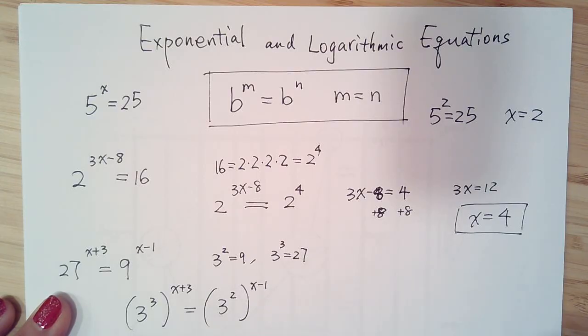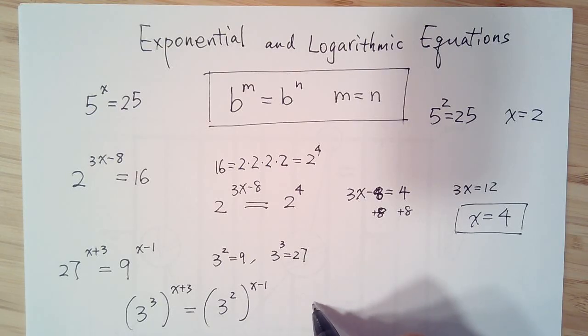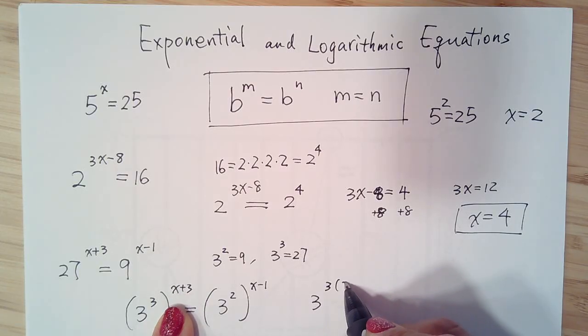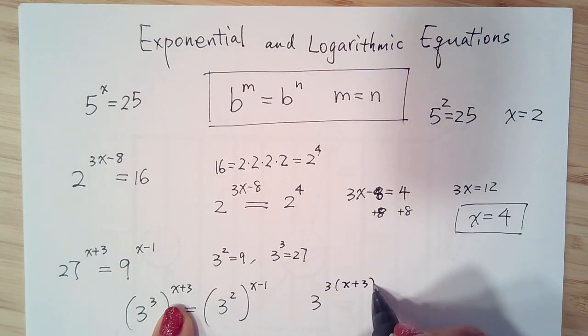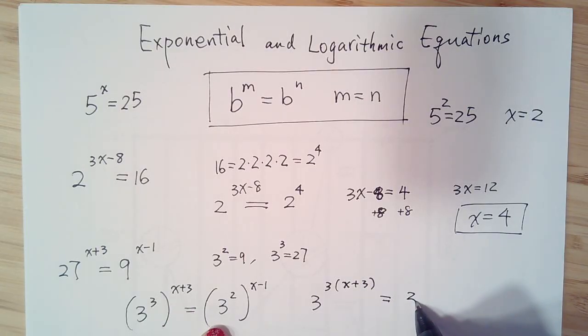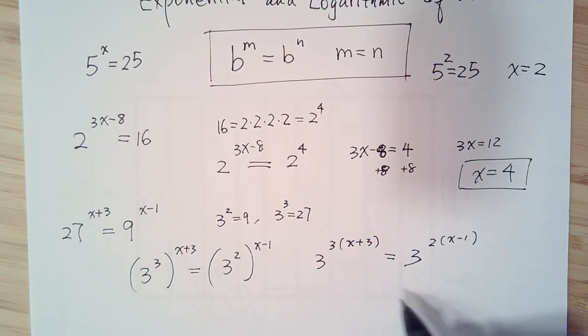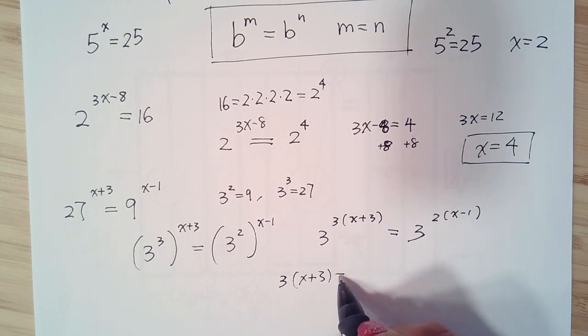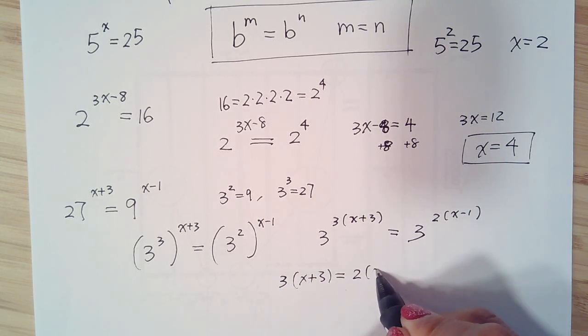So for a power of a power, you just multiply those powers. So that means 3 to the power 3 times x plus 3 equals 3 to the power 2 times x minus 1. We are very lucky because we get the same base. Even though the x is in the exponent, we can just set the exponents equal and go ahead and solve it. 3 times x plus 3 equals 2 times x minus 1.